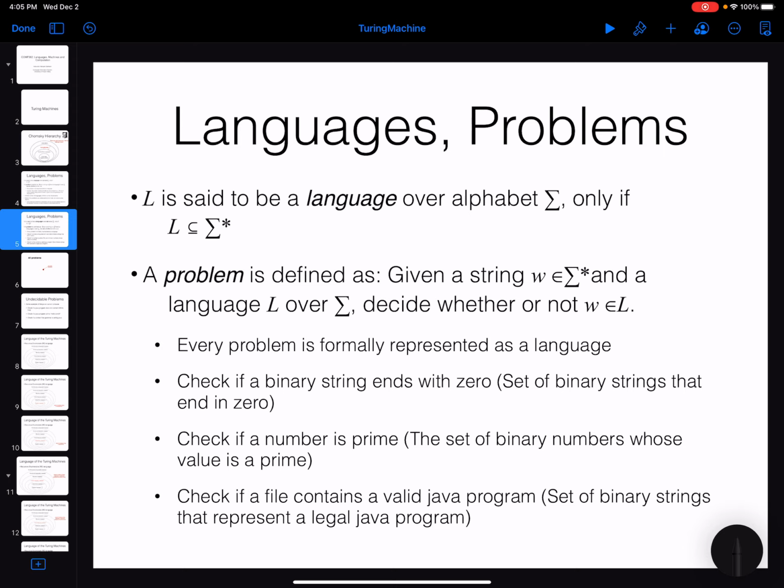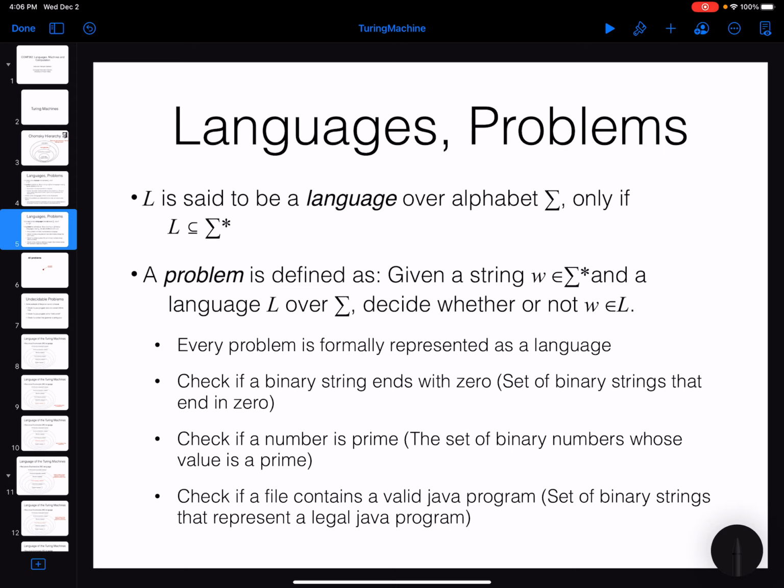So you can define the language to be the set of all strings that represent a valid Java program, and given an input string which has been stored in a file, you want to know if it belongs to this language or not. This is exactly the task of the compiler that checks if there is a syntax error in the program or not.